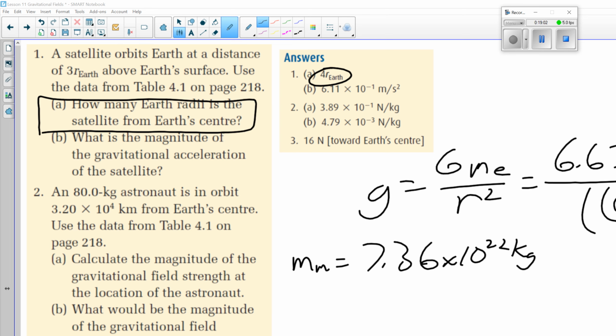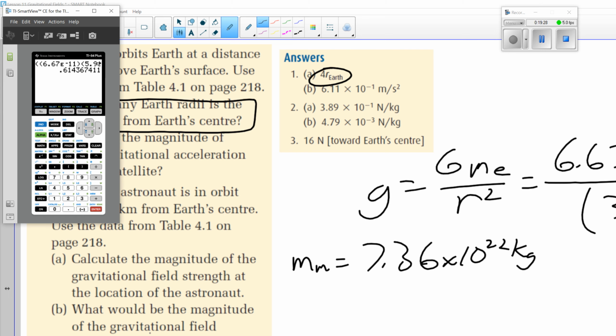So for this one, all we're doing is changing out this number to be the number they gave us in kilometers. So we're looking at 3.2 times 10 to the 7, because we're still talking about being around the Earth.